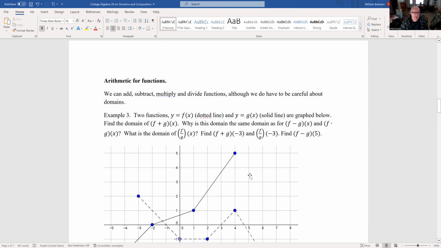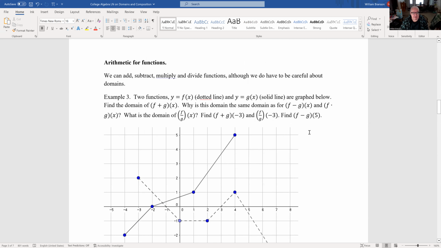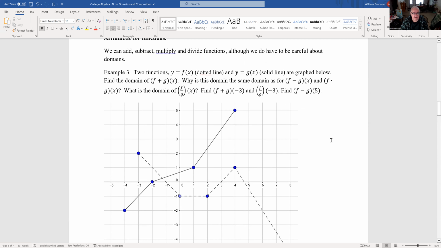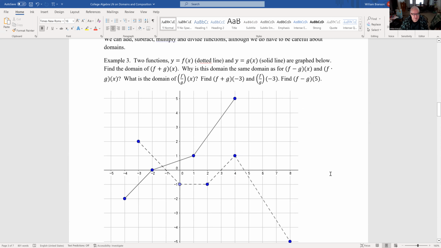So a little bit about arithmetic for functions. You can add, subtract, multiply, and divide, but you do have to be a little bit careful about domains. So here are two functions. You can tell because of the vertical line test. g of x is this one, the solid line, and f of x is the dotted line.